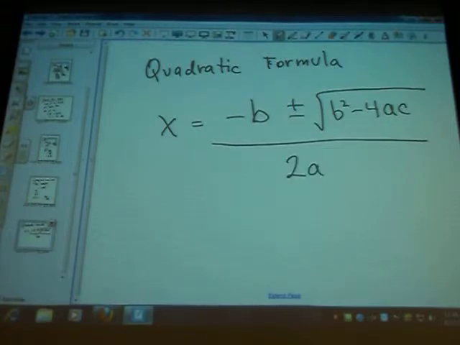That's the quadratic formula. Remember that? We've seen that. It looks complicated, but it's not that complicated. That's the square root method.